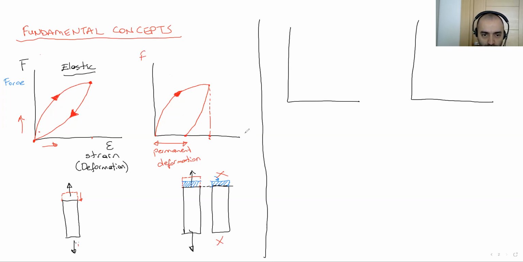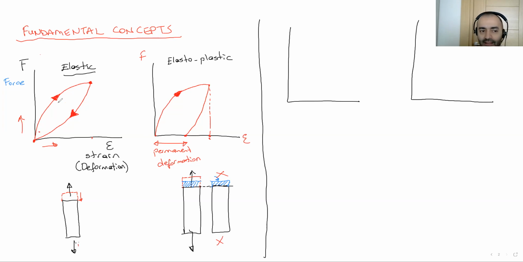Remember, this is F, this is epsilon, strain. That means deformation. So how do we call this type of members? We call these types of members elastoplastic members.